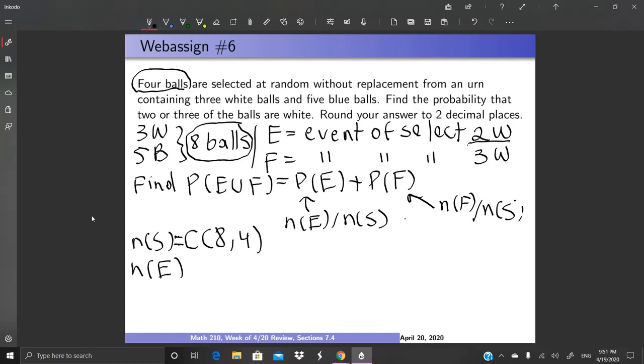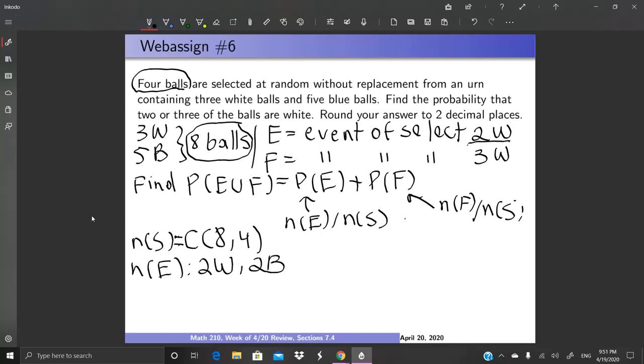There's only white and blue balls, which means that the other 2 have to be blue. Then you just count the number of ways of choosing 2 white balls and 2 blue balls.